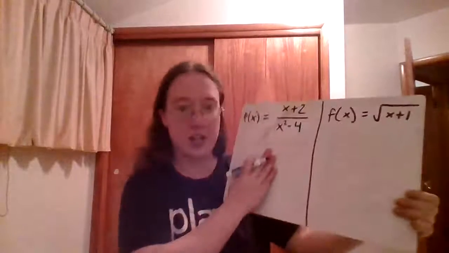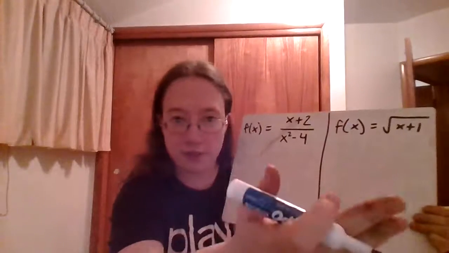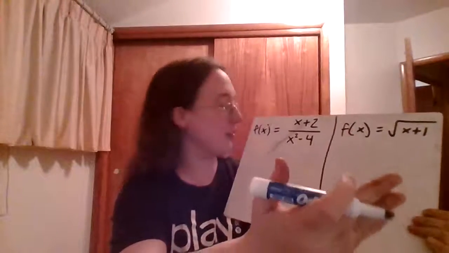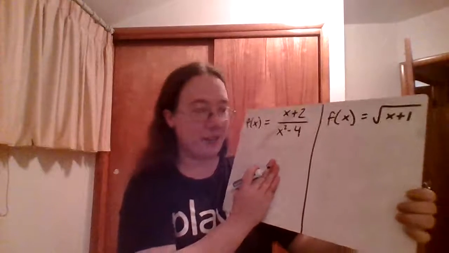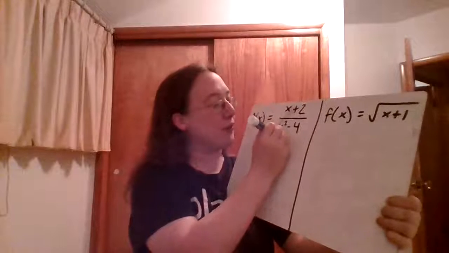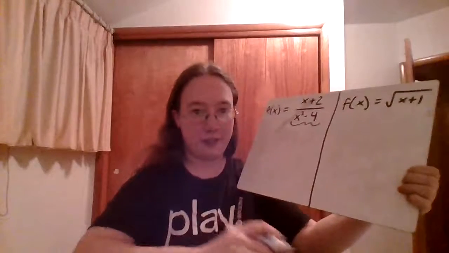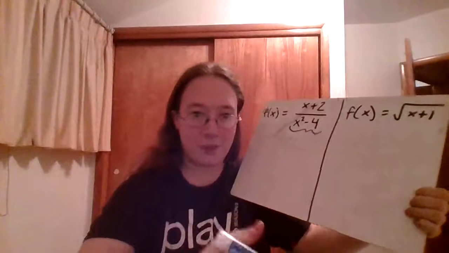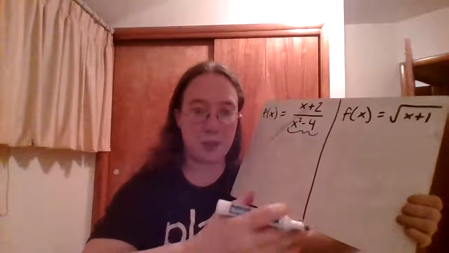So what we're doing with this is we're just basically figuring out where a function is continuous. So if I have, say, this function, we want to know where is it continuous? Where is it not continuous? So if we have something like this and we didn't want to just graph it, we're going to go ahead and factor the bottom. Because in general, things like asymptotes and holes are coming from a couple of different things.